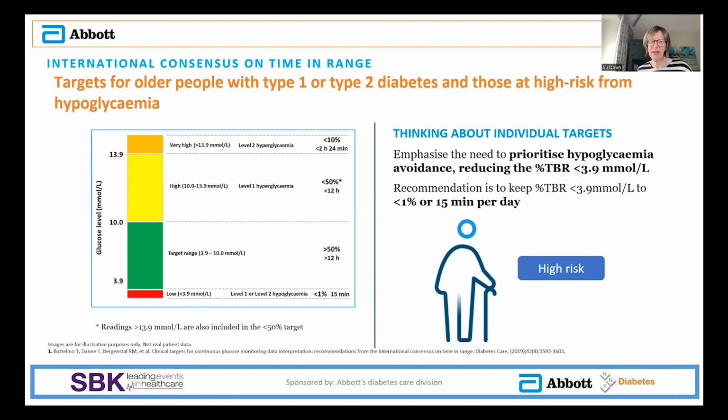So for this group of people, the priority is to reduce the risk of hypoglycemia, and we want people to be spending less than 1% of their time in hypo. So again, when we're looking at this group of people, most of the time we would want their blood glucose levels to run between 8 and 15, and this consensus time in range allows us to do exactly what we've done. We just see the data differently.